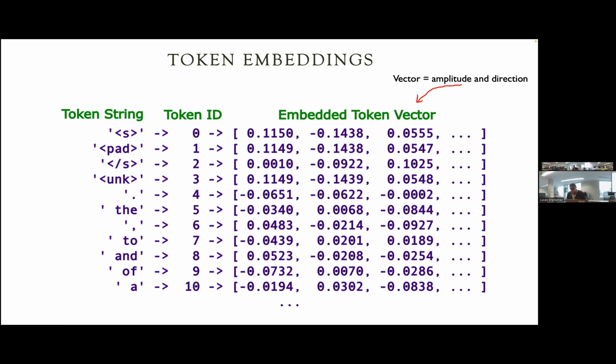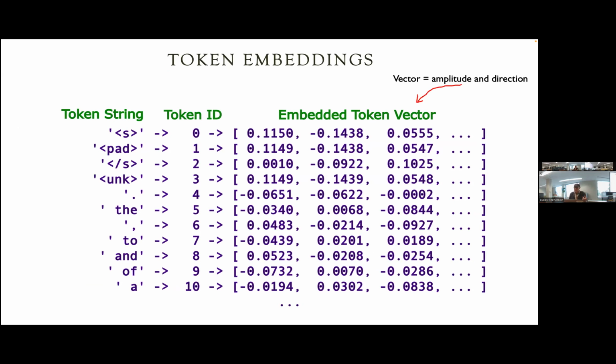Okay, and then the next thing you do is you take these tokens. On the left here you see the string, and there's some special characters like padding, and then there are the actual token strings, in this case words as tokens. You tokenize those into numbers, and then you extract what's called an embedding vector.